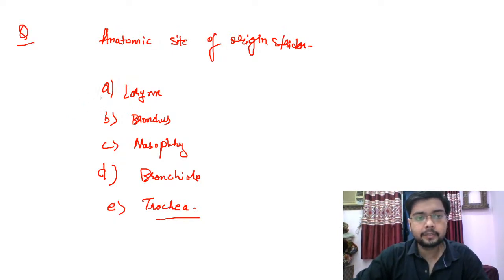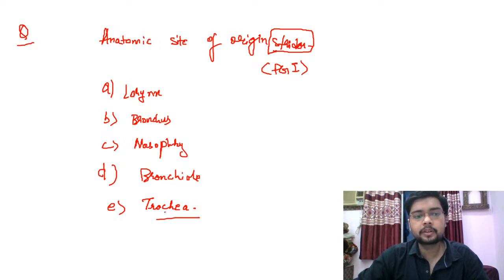If I give you some time to answer, a PGI type question means multiple options will be right. Stridor is present when the obstruction is in the larynx, bronchus, nasopharynx, bronchiole or trachea. So you can answer like A, B, C, D, E. And if I tell you the answer is A, B and D.